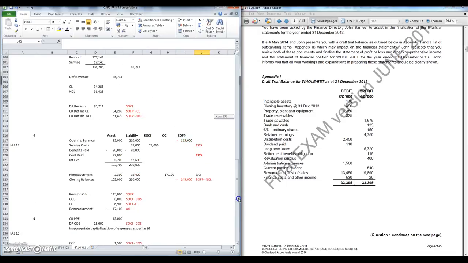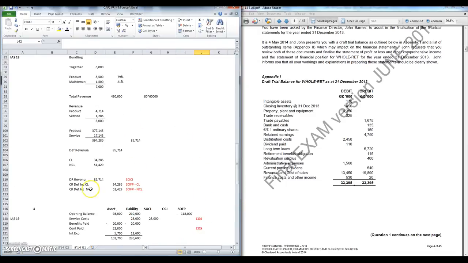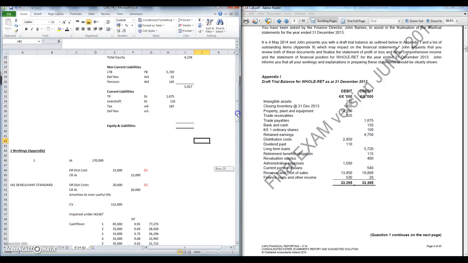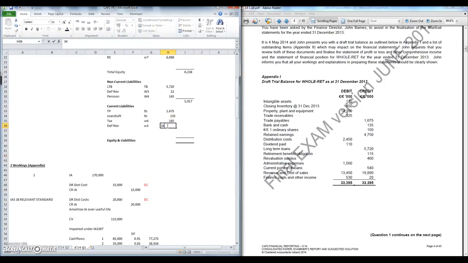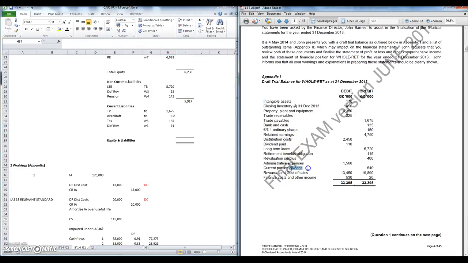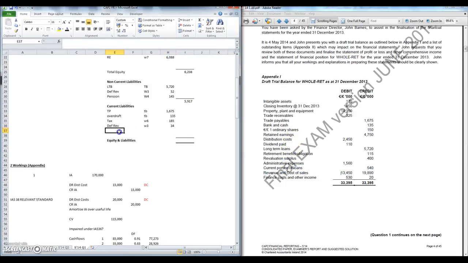And that gets you to 34 in this instance. And do we have any other one? We look down, checking the balance sheet, everything else is done. Current portion of loans, we watch that at 540.